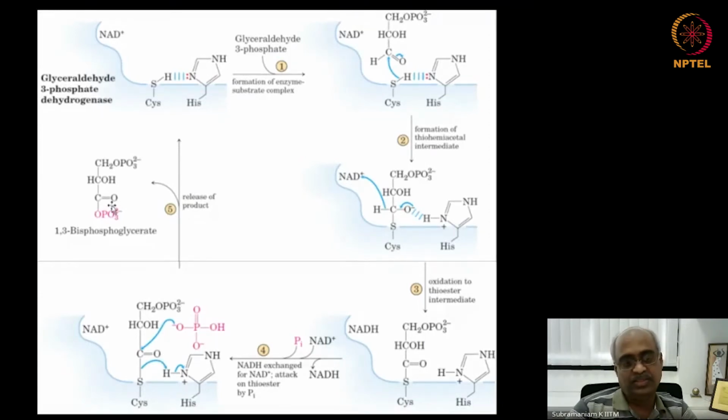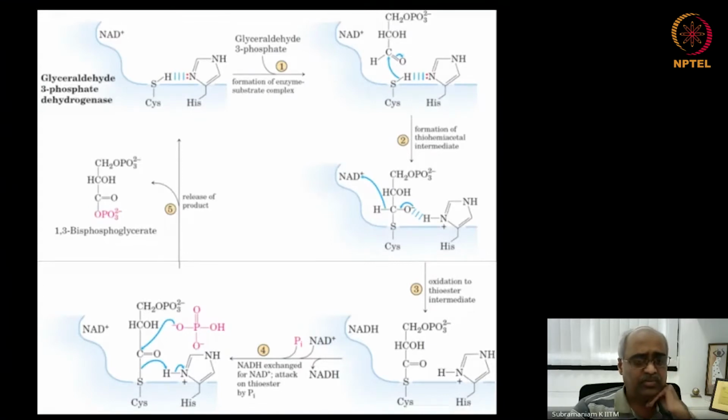So this bond conserves the energy made available by the oxidation of the original aldehyde group to the final carboxylic acid group. So this is a high energy phosphate, the one shown here, this carbon phosphate bond. So this is how 1,3-bisphosphoglycerate is formed.